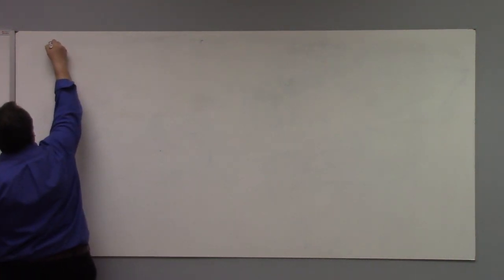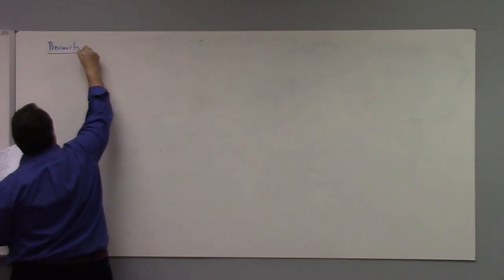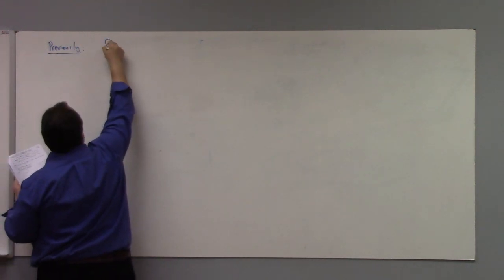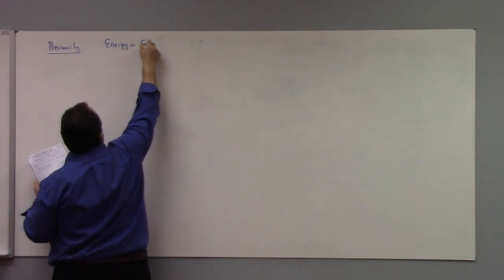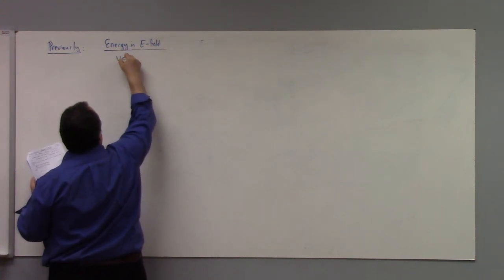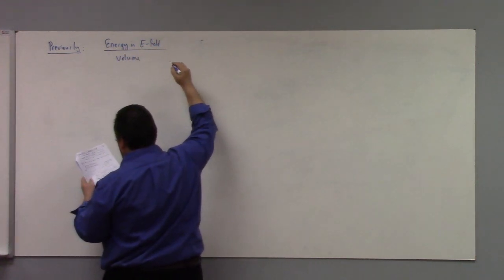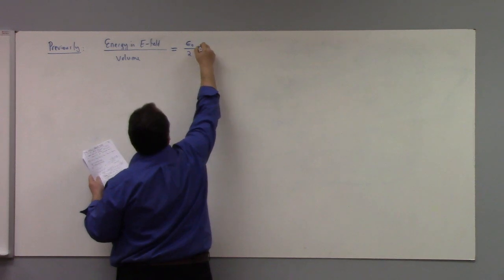So let me remind you, in a previous episode, we found that the energy in the electric field, per volume, turned out to be epsilon naught over 2 times the electric field squared.